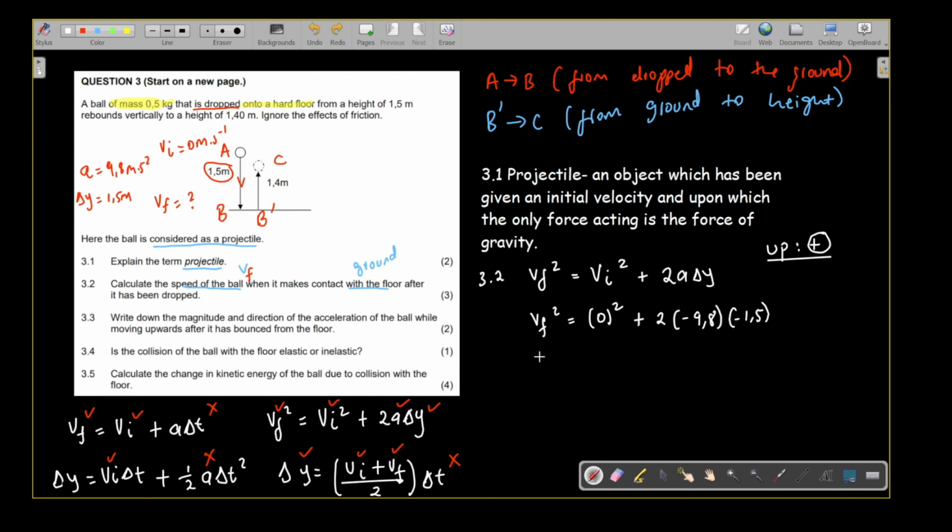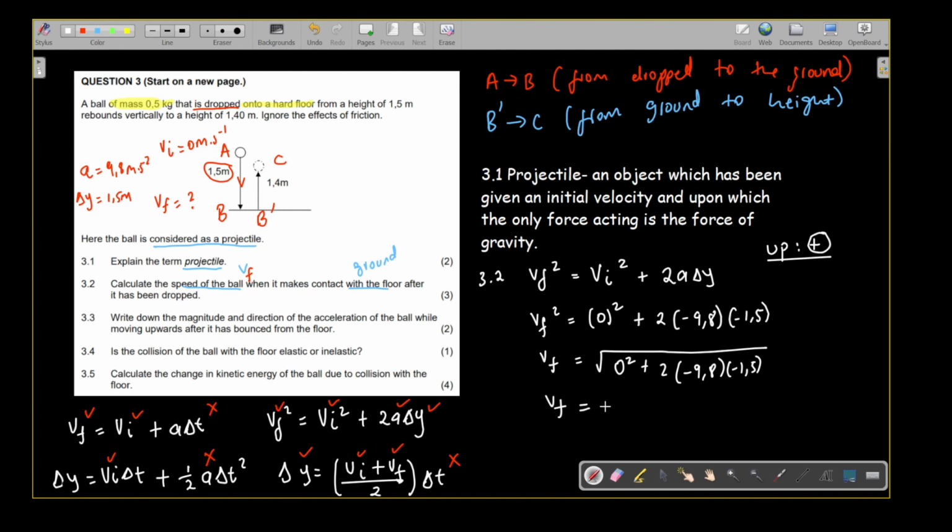Right, so here you can now calculate VF. You're just going to put the square root of the answer there. You got negative 9,8, you got negative 1,5. So what does that give you in your calculator?